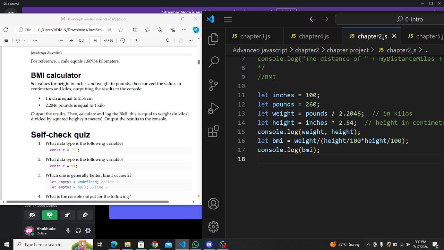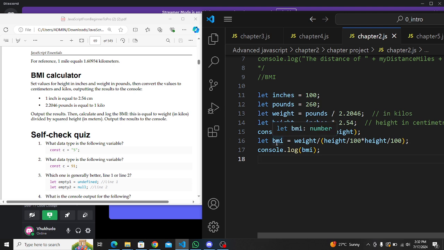Output the results, then calculate and log the BMI. This is equal to weight in kilos divided by squared height in meters. So we want the BMI.